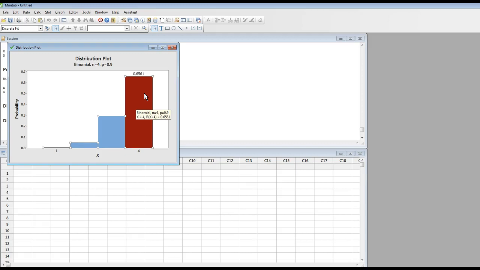What if I say I want everything greater than 2, the probability of getting x greater than 2? When we say greater than 2, we're not including 2. So greater than 2 is exactly like saying greater than or equal to 3.